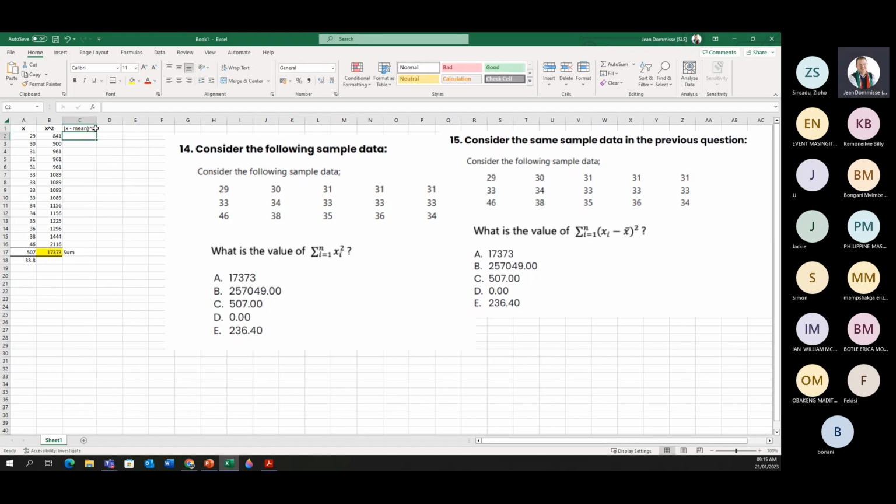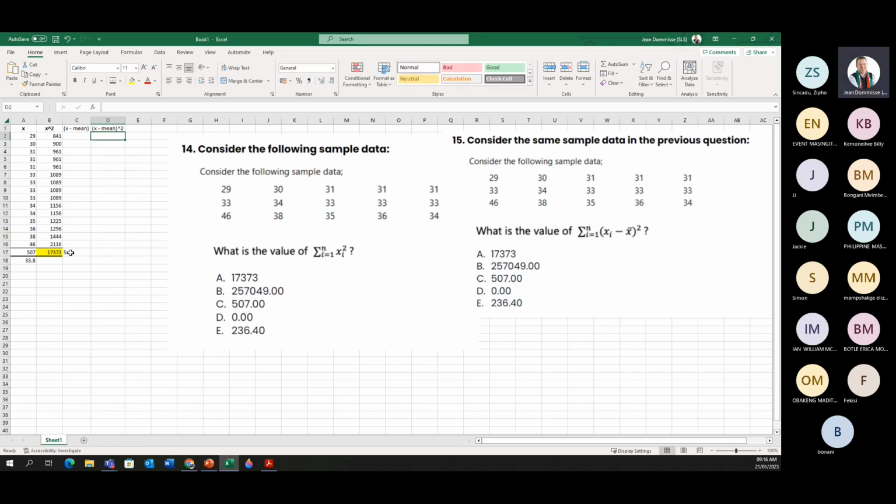So let's first do that, and then we'll do this part here, so that at least whatever they ask you, you have the option. Okay, so X minus the mean, we've got that.